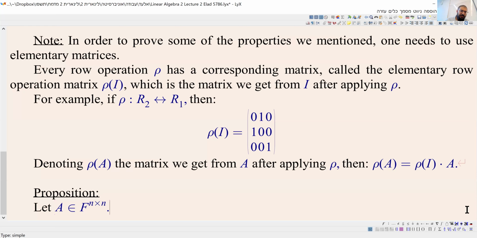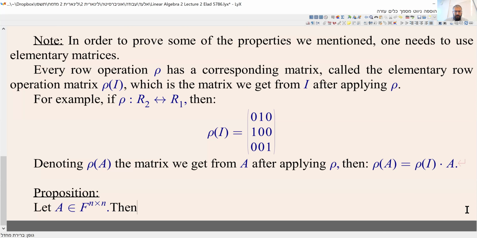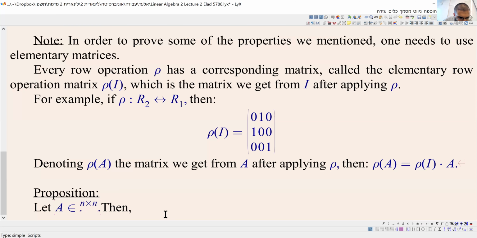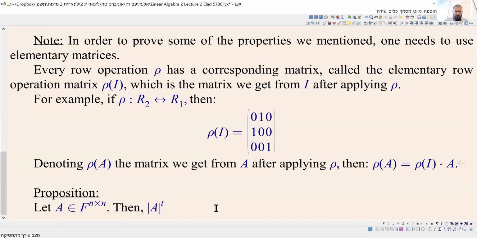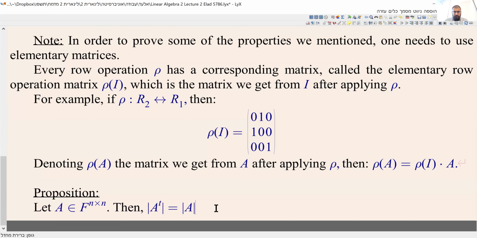Let A be a matrix of order n, then the determinant of A transpose is the determinant of A. Using transpose, meaning every row becomes a column and vice versa, the determinant stays the same.